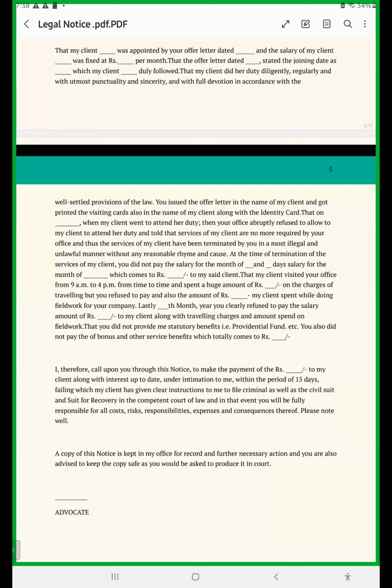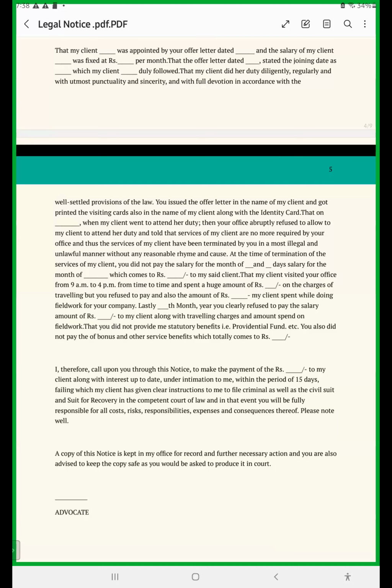At the time of termination of the services of my client, you did not pay the salary for the month of, you need to write how many months of salary, how many days. Okay, in the month of May, and 20 days salary for the month of that, which comes to rupees, let's say 25,000, to my said client.